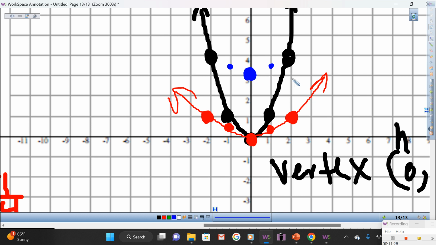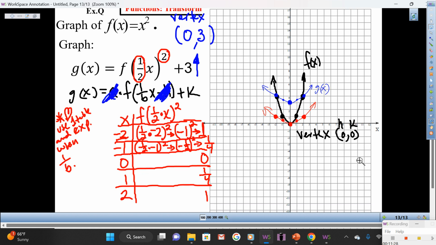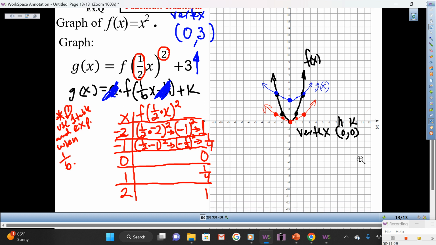So watch. 2 steps to the right, 1 up. 2 steps to the left, 1 up. And that's our new and improved transformation. We label that g of x. Let me zoom out. Is that a little bit more expedient in regards to the transformation? Yeah, using the vertex, right?